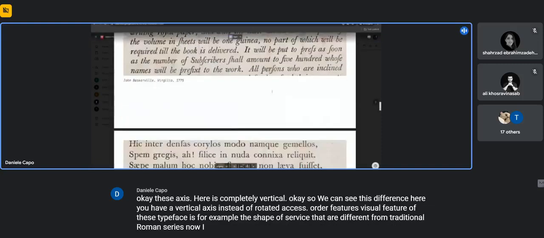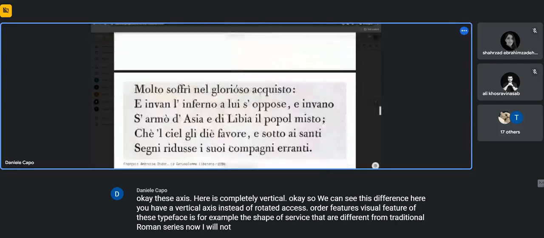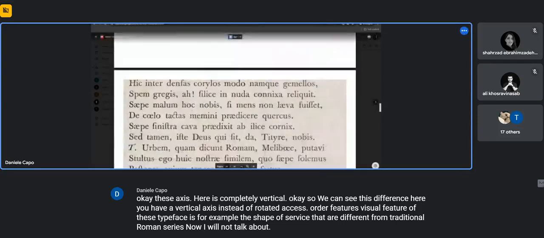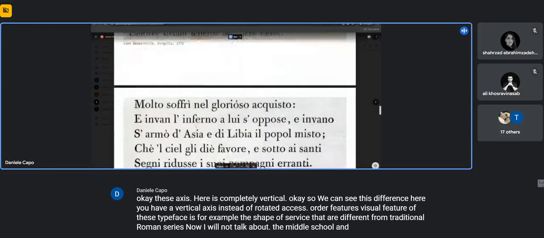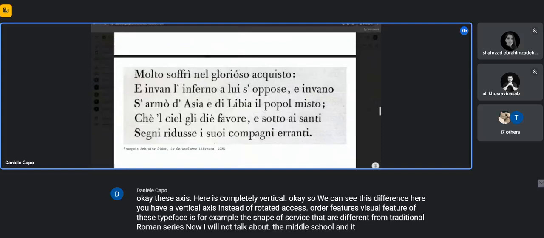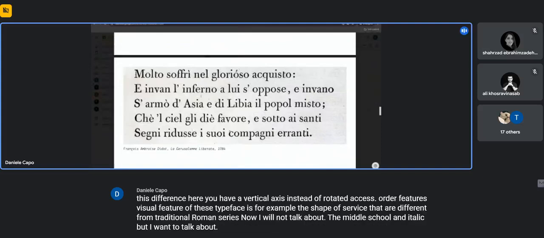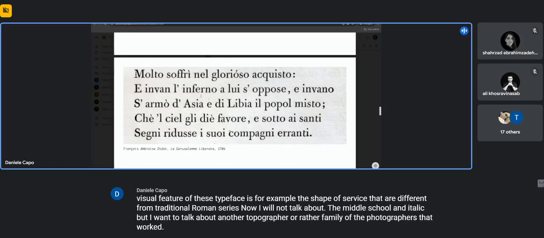Now, I will not talk about the minuscule and the italic, but I want to talk about another typographer, or rather a family of typographers that worked at the same time. The Didot.